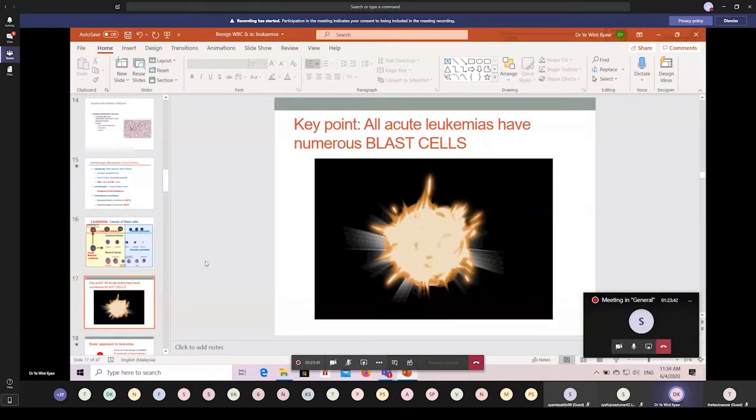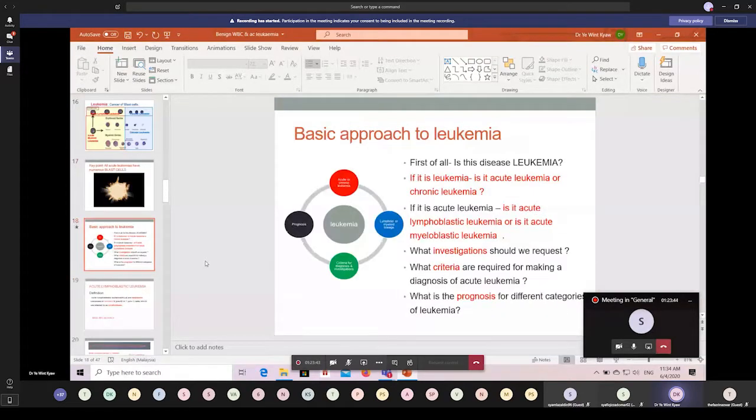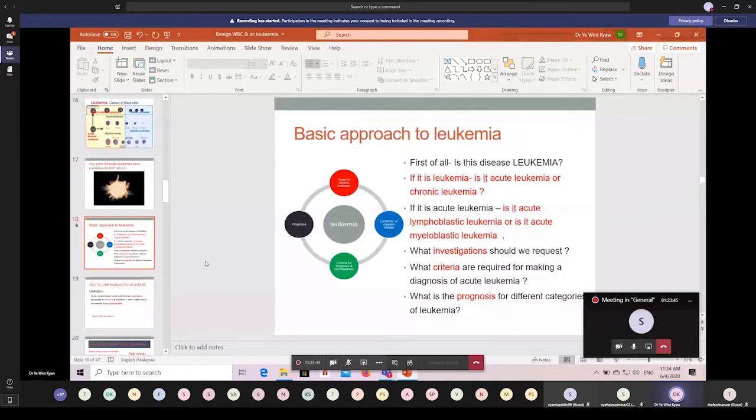Leukemia has blast cells. How to approach? First, you need to confirm whether it is leukemia or not. Second, acute or chronic. If acute leukemia, you need to differentiate lymphoblastic or myeloblastic, lymphocyte or monocyte.